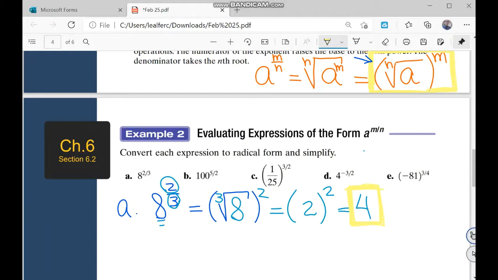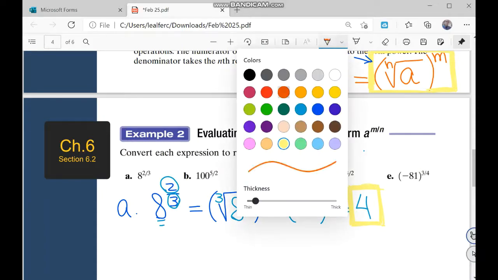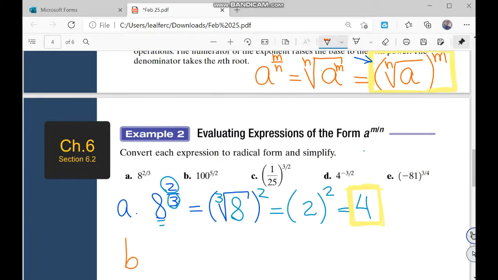Letter B, another example. 100 exponent 5/2. This equals. So apply the definition, this one. Parentheses, root, okay?